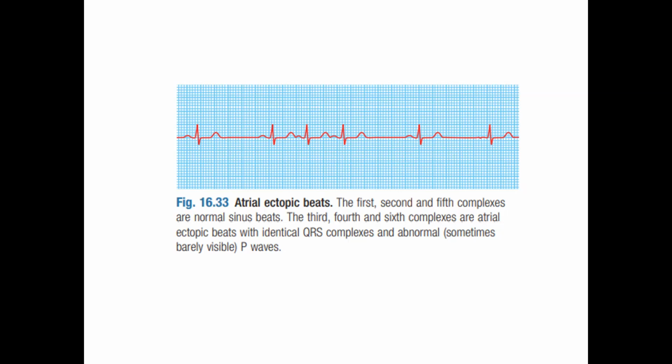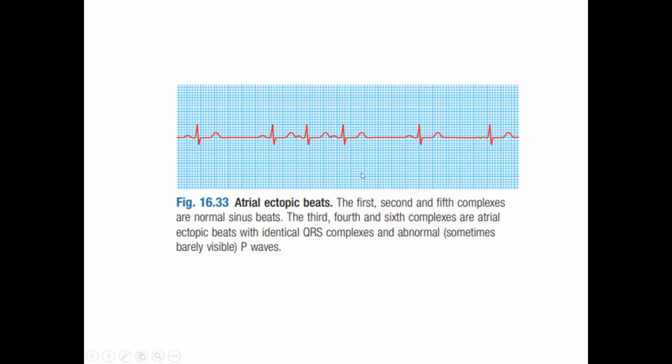Here you see the first atrial beat is normal. This is an ECG where P is there, QRS complex is there, and also T wave is there. Second is also normal. Third, fourth. See, third and fourth, there is some abnormality. Here the QRS complexes are normal, but the P wave is abnormal.